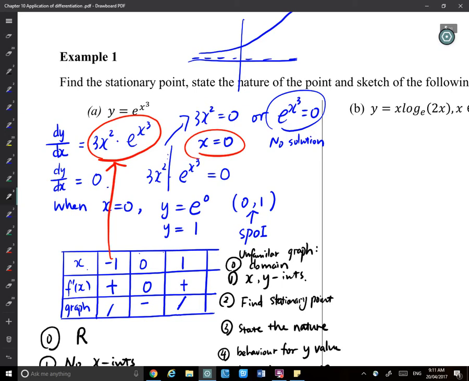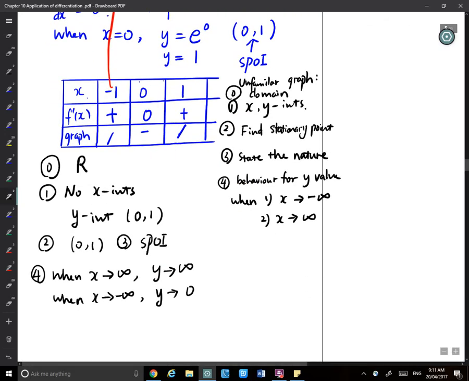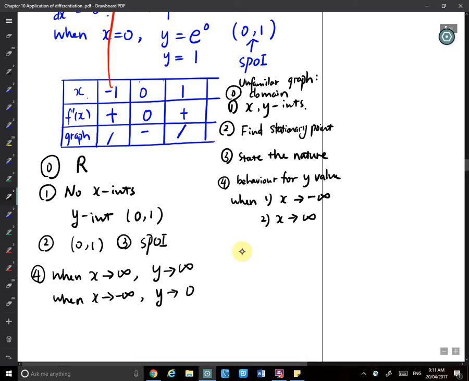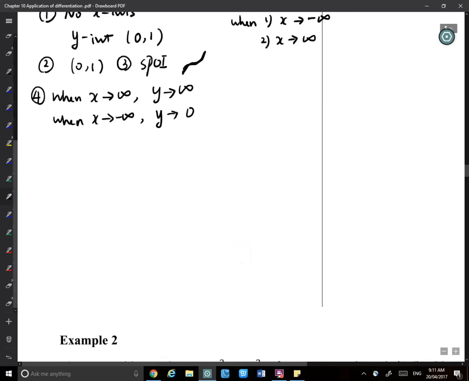And exponential to a really, really large negative number, what will that be? 0, approaching 0. When x gets to negative infinity, your y value will approach 0. And near the stationary point of inflection, your graph will be somehow like that. Okay, let's put all of this information in.